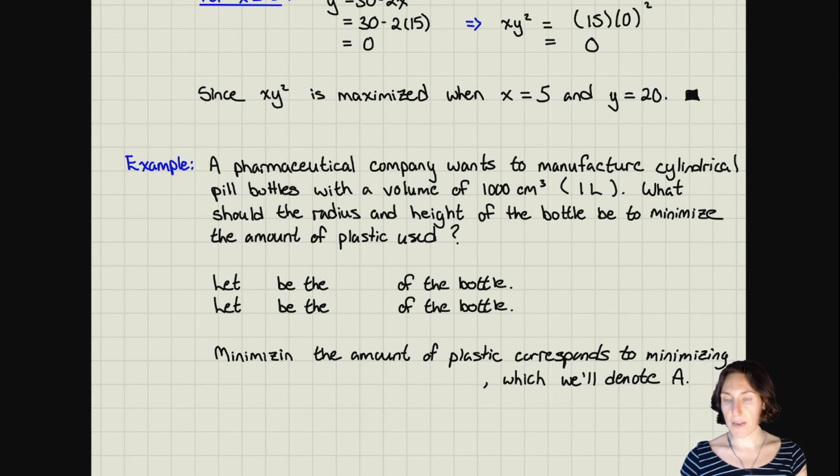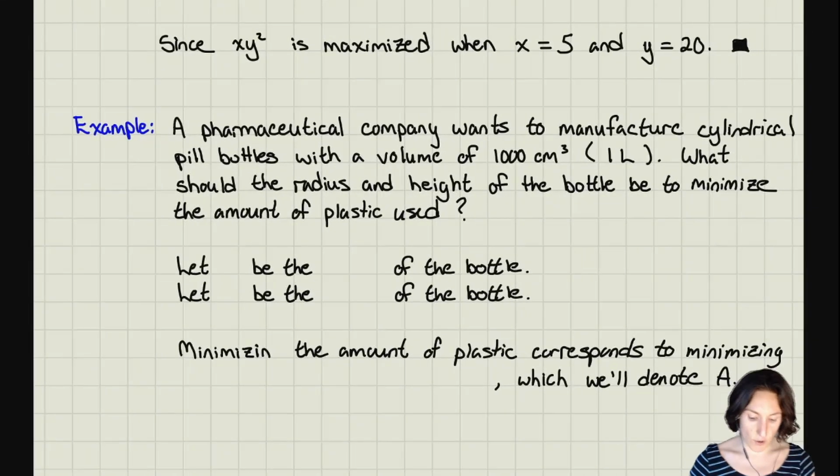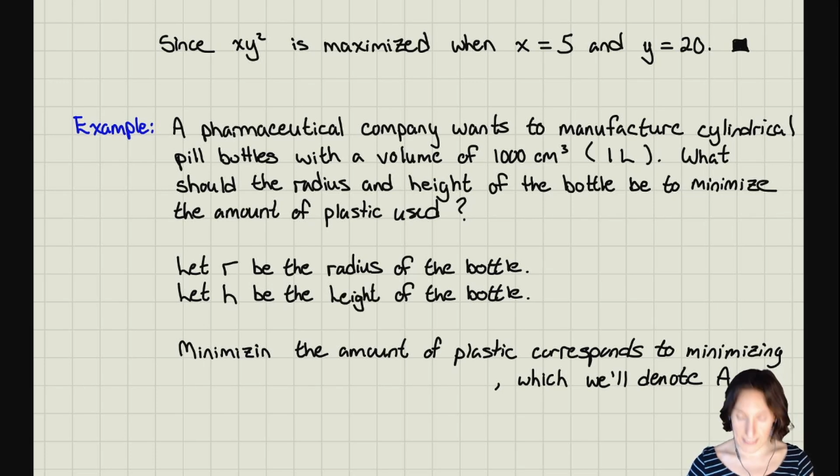So because I'm talking about a radius and a height of a bottle, I'm just going to say, let r be the radius of the bottle. And I'm going to let h be the height of my bottle. And then minimizing the amount of the plastic corresponds to what?